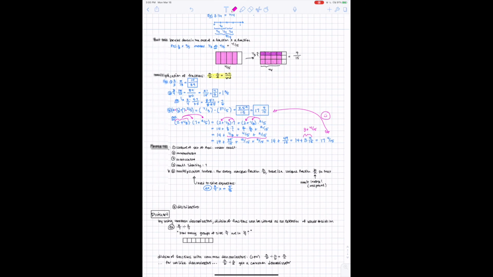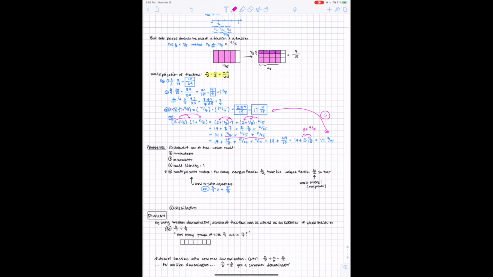So the first way we computed this product was by turning those mixed numbers into improper fractions. The second way we actually dealt with them as mixed numbers. So we had to employ rules about distributing things and really think about what those mixed numbers meant in order to do that multiplication properly.